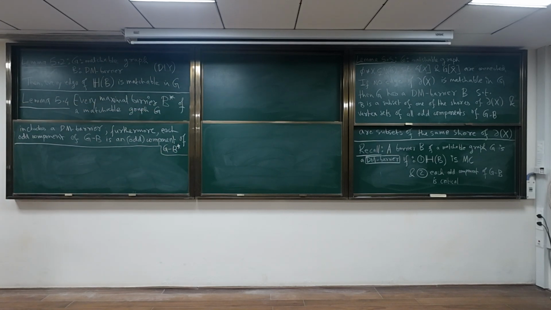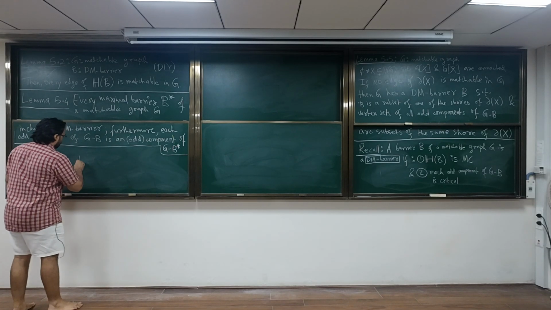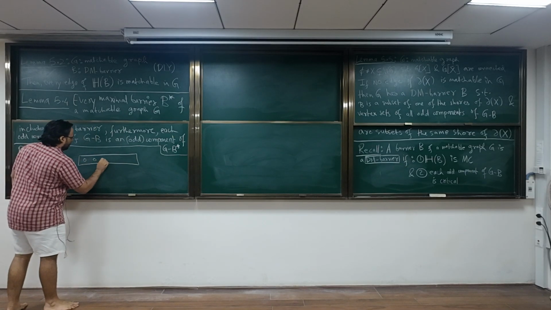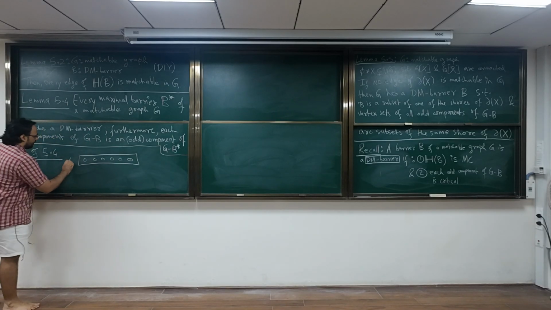Okay. So let's take any maximal barrier. Let me just draw a maximal barrier. Supposing this is my maximal barrier, B star.